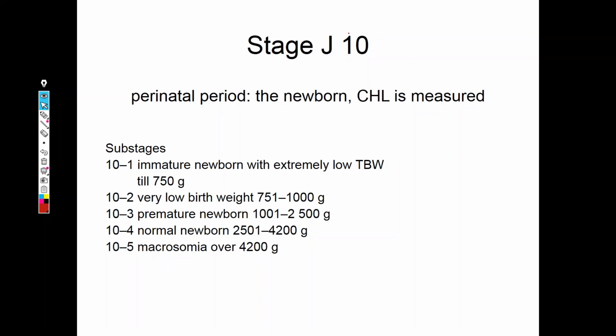And we can measure the weight of the embryo, and based on that we divide newborns into immature ones that are very small, like 750 grams, very low birth weight premature newborns, normal newborns, which are this big, and macrosomia, hypertrophic newborns that are over 4.2 kilograms. So we divide them based on weight.